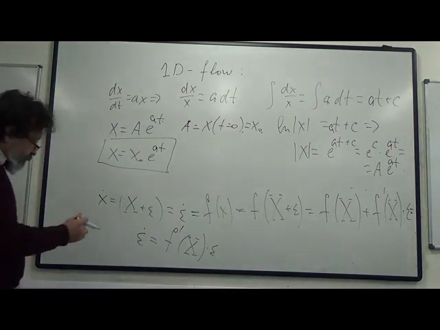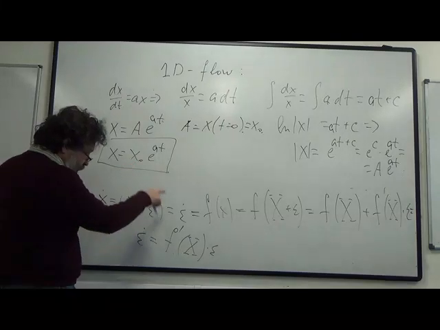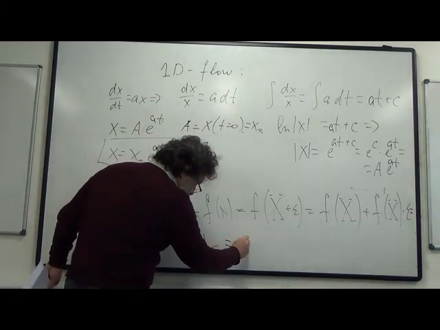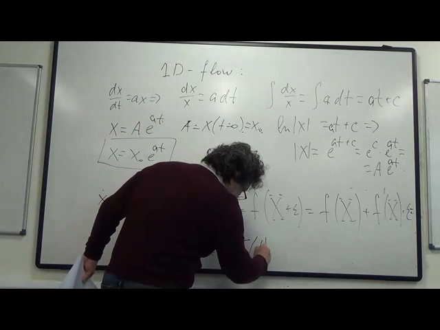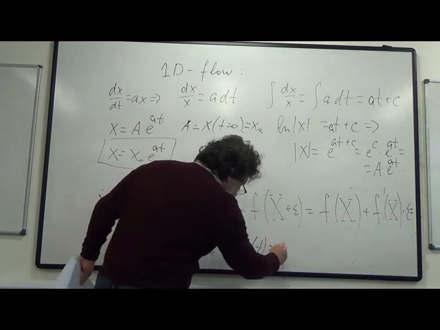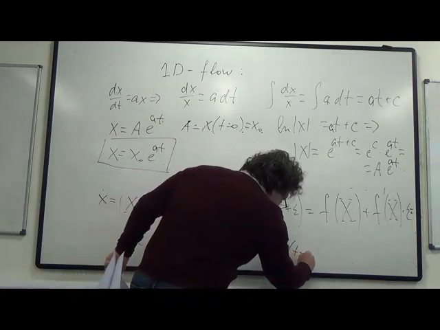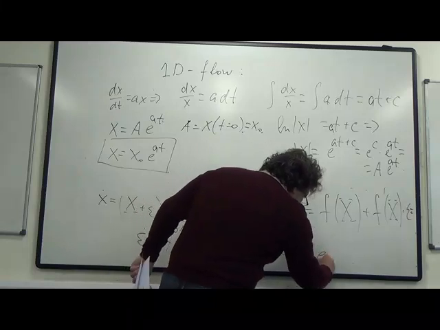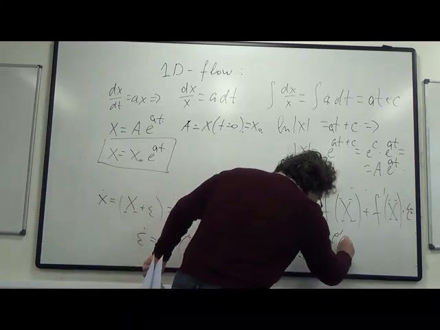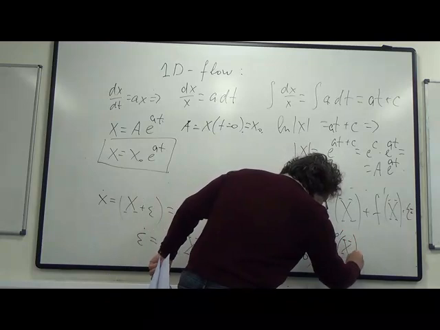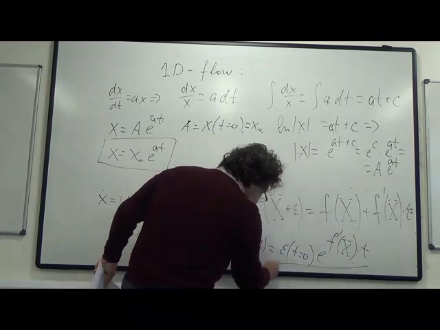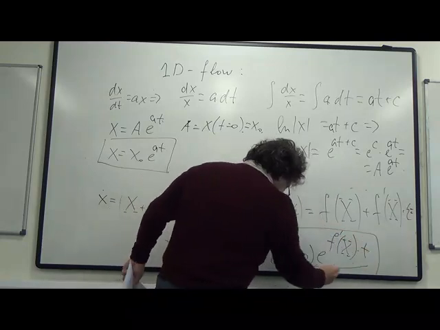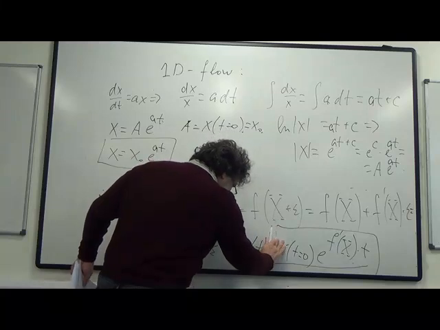So if we compare with this and this, we will find out that epsilon as a function of time is epsilon at time 0 times e to the power of the derivative of f at x capital times t. This is our solution.